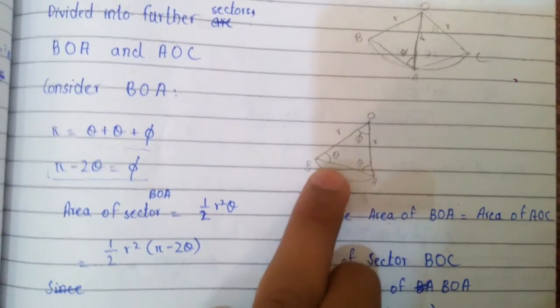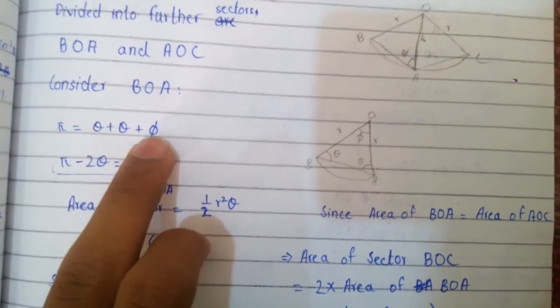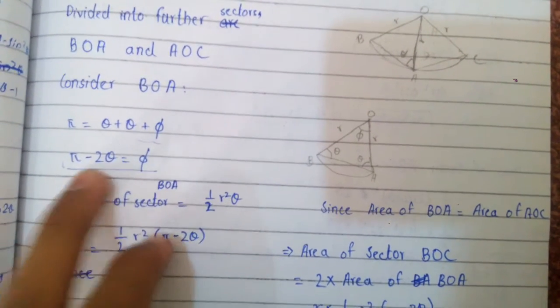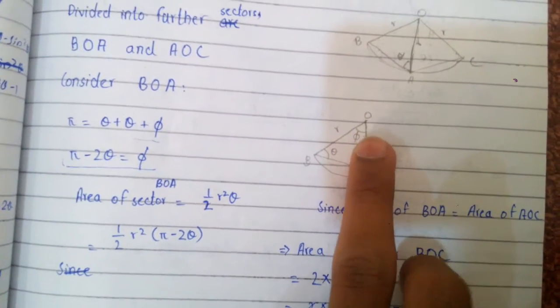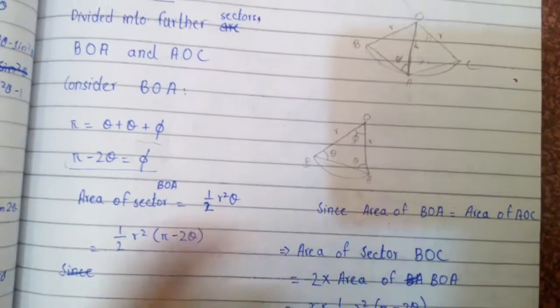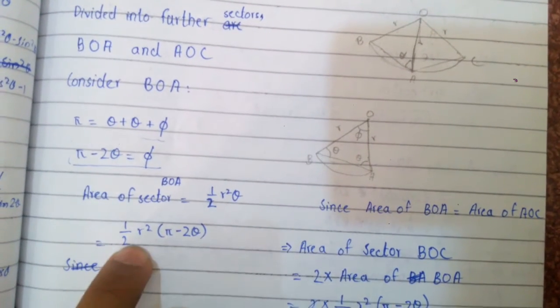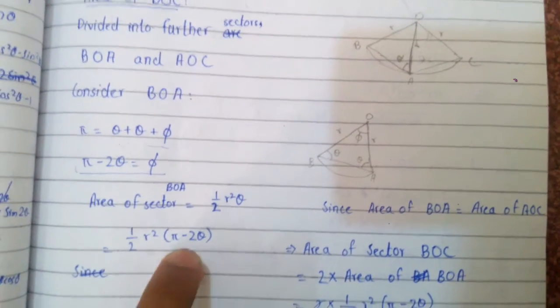So basically theta plus theta plus phi is equal to pi, which gives us phi is equal to pi minus 2 theta. Next we know the angle phi and the sides, so substituting in the area, half R squared phi, we get this right there.